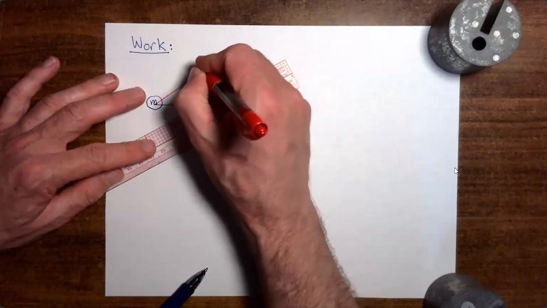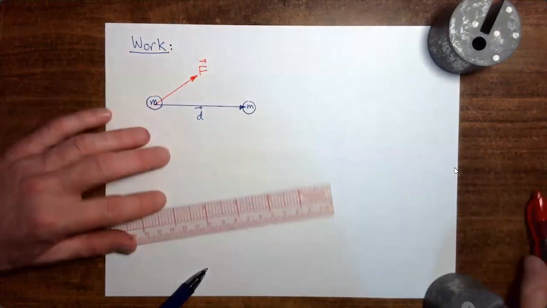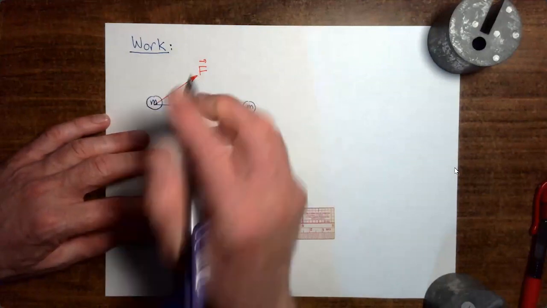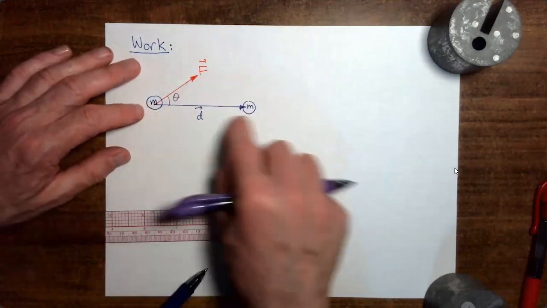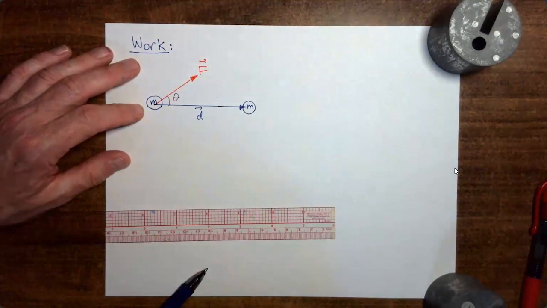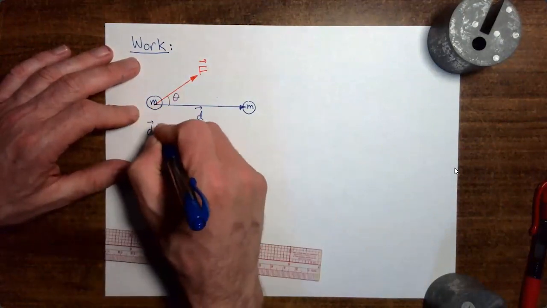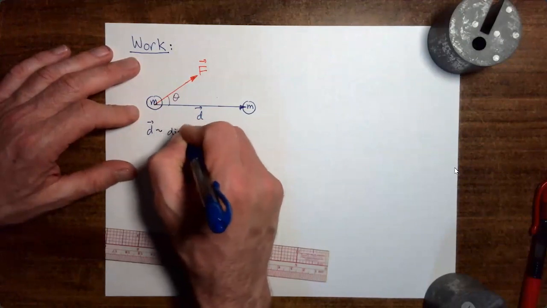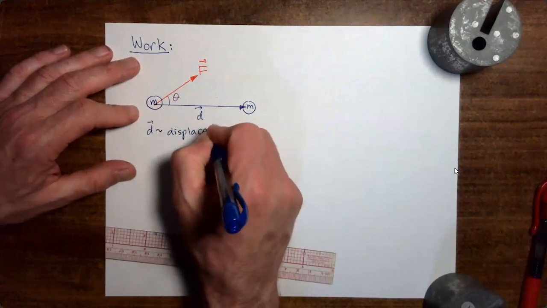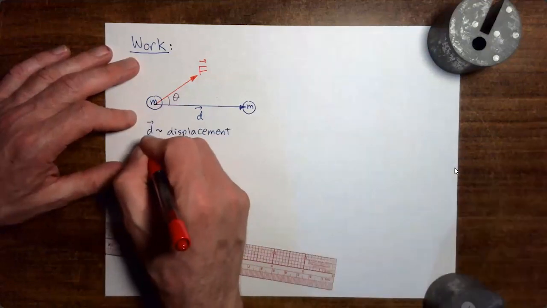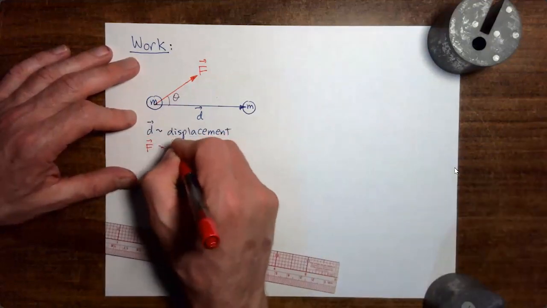And here is our force vector F. And we're going to say that there is an angle theta between the force vector and the displacement vector. So d vector represents the displacement, and F vector represents the force.